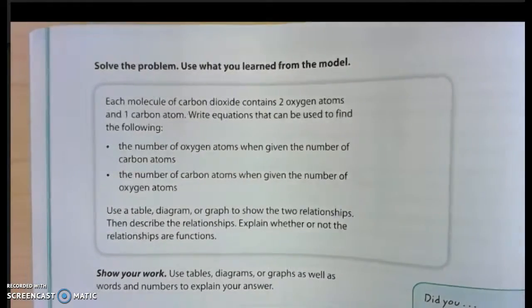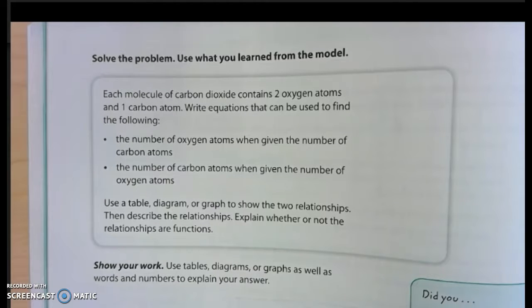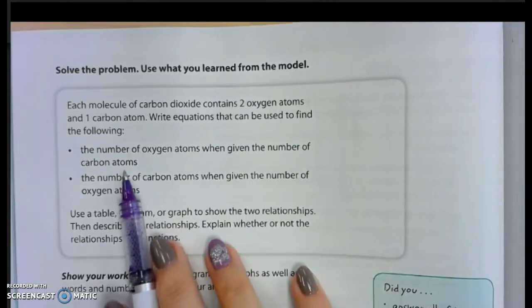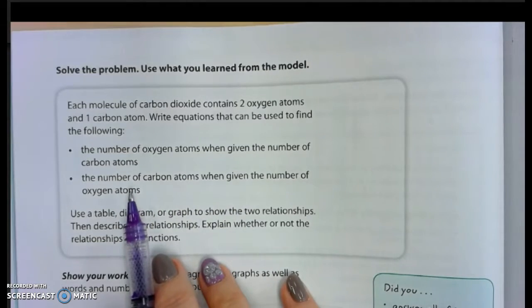Each molecule of carbon dioxide contains 2 oxygen atoms and 1 carbon atom. Write equations that can be used to find the following: the number of oxygen atoms when given the number of carbon atoms, and the number of carbon atoms when given the number of oxygen atoms.